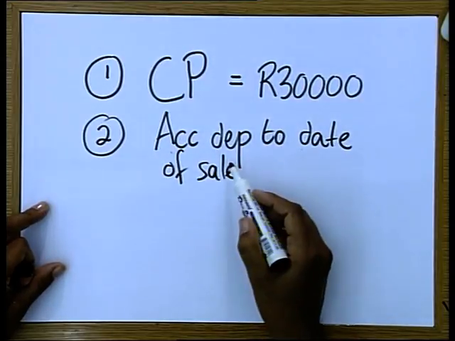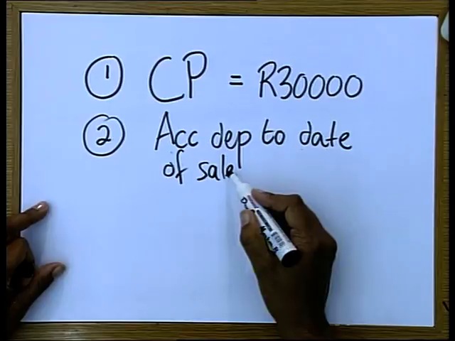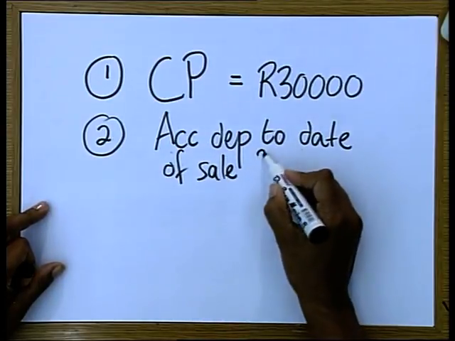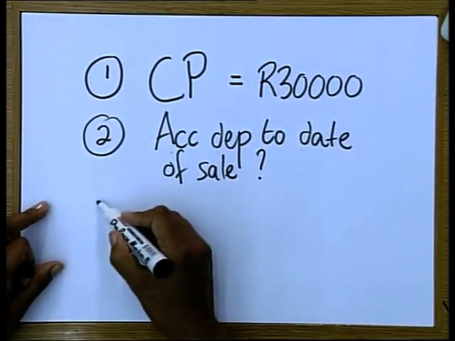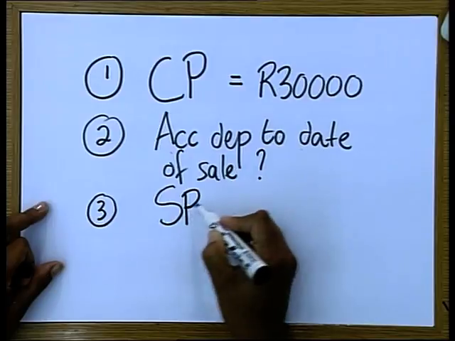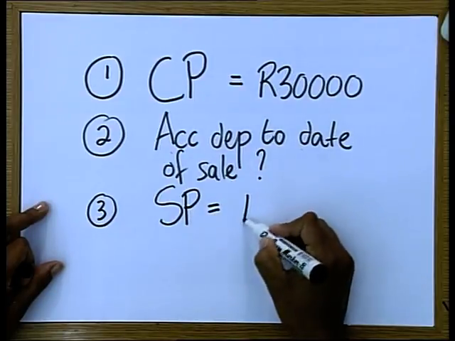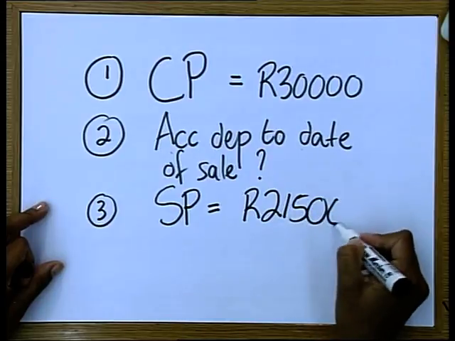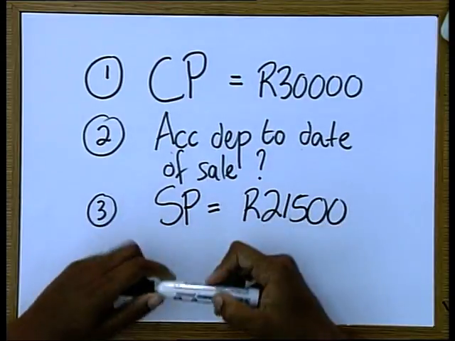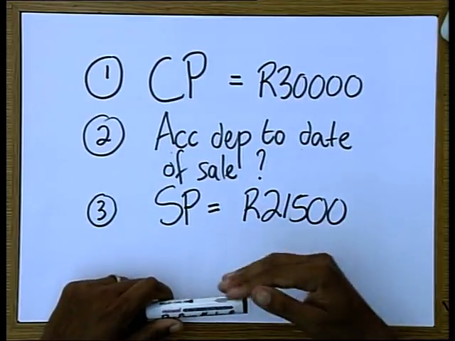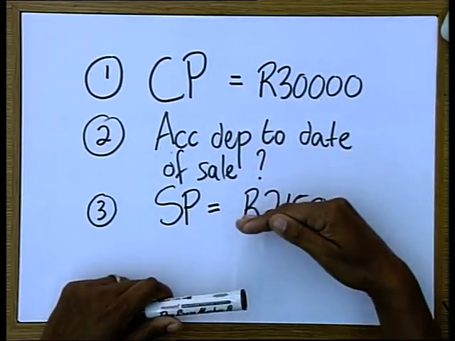We don't know this in this exercise simply because it's not given. And when I do the exercise, I will tell you why that is an unknown for now. Thirdly, we have to know the selling price, and they give it to us. They say in this exercise, it's 21,500 Rand.